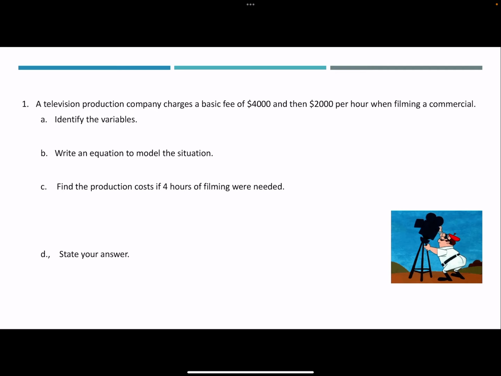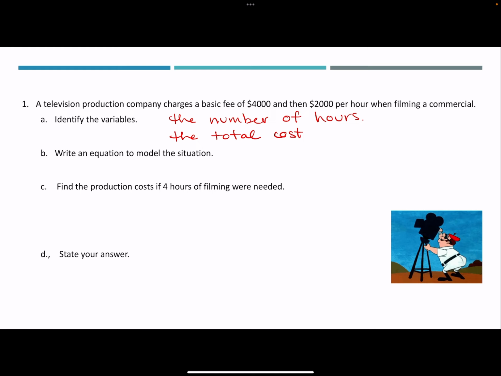If you're filming a commercial, how could it be different between your commercial and my commercial? Well, we could both use different amounts of time, or in other words, the number of hours that we film could be different. And then also, if the number of hours is different, the total cost would be different for each commercial.